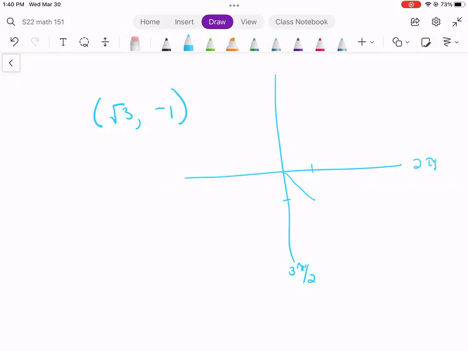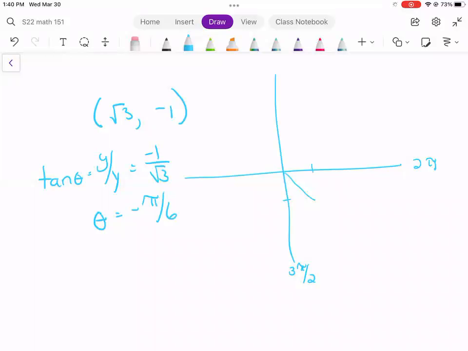So for our coordinate square root of 3, negative 1, we can use the tangent. The tangent of theta is y over x, which gives us negative 1 over the square root of 3, one of our convenient triangles. So we know that theta is negative pi over 6.